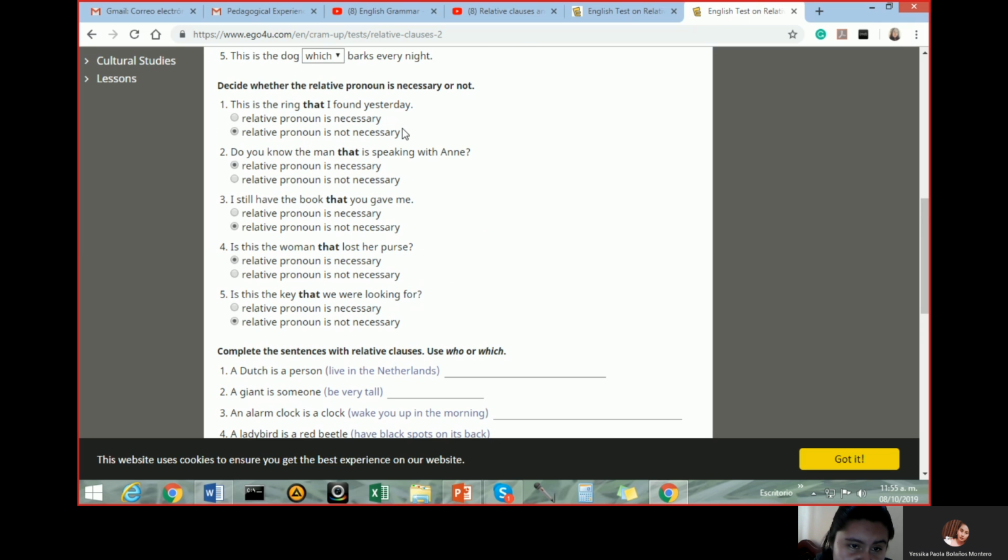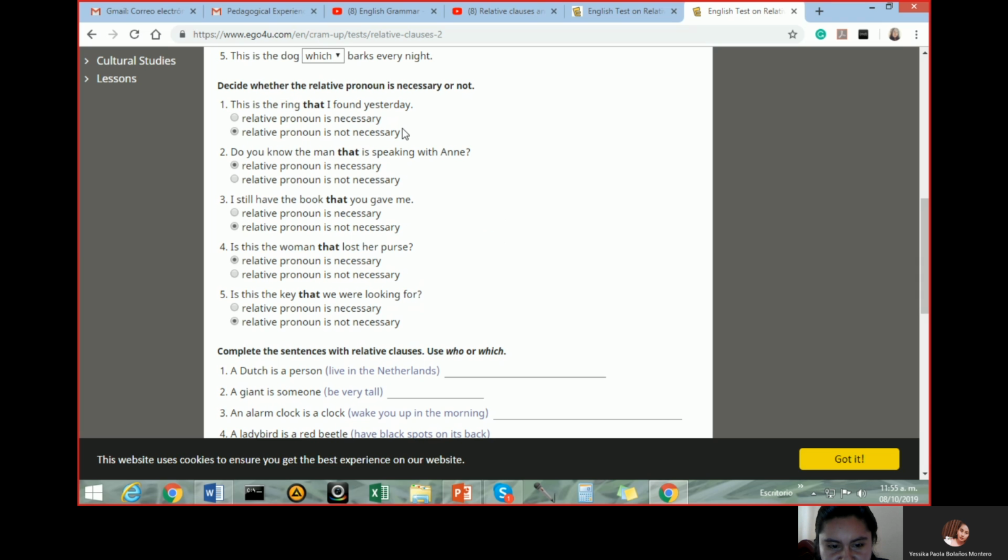We and I, for example: in number one, I, and in number five, we is the subject. And in number one ring is the object, and in number five, keys is the object. For this reason we have the subject and the object, and it's not necessary to use the relative pronoun.